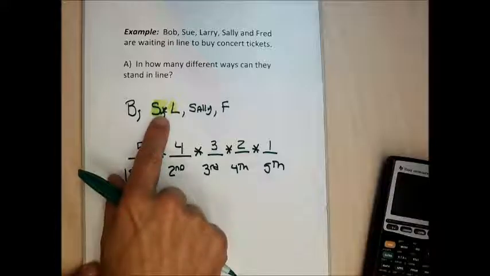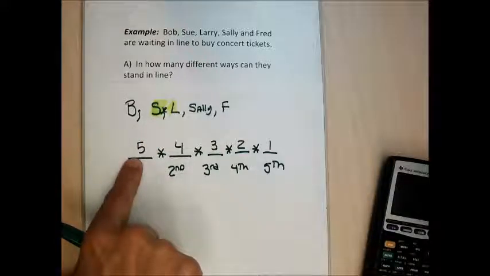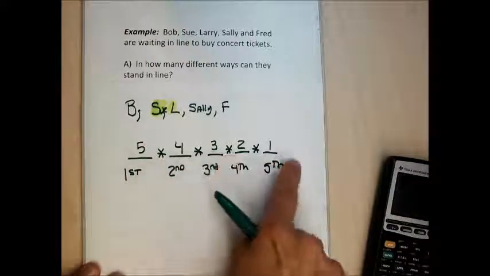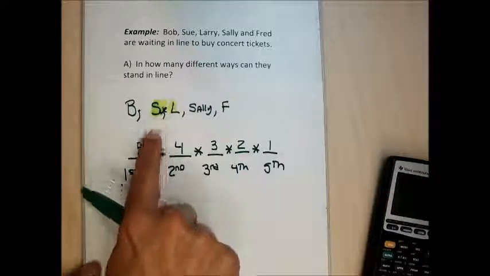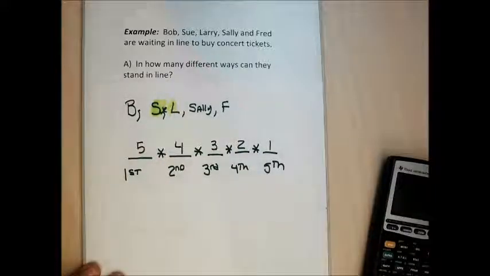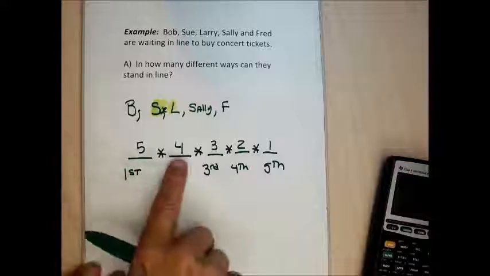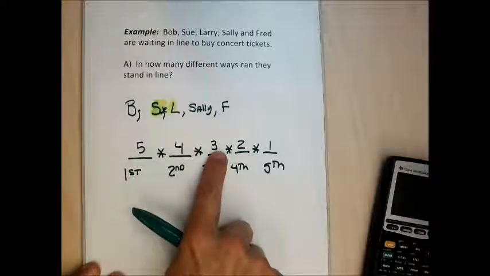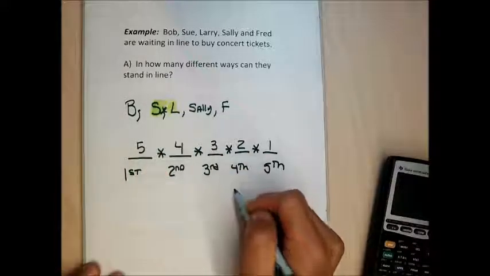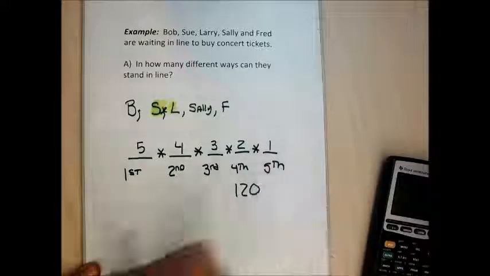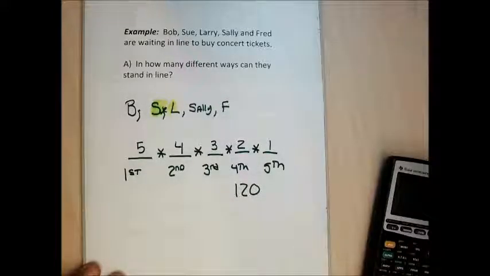Here, it didn't make sense to keep 5, 5, 5, 5, 5 because the same Sue couldn't be first, second, third, fourth, and fifth. She could only be in one of those spots. And I believe if we multiply this, I think this comes out to 120. So there's 120 different ways these 5 people could stand in line.